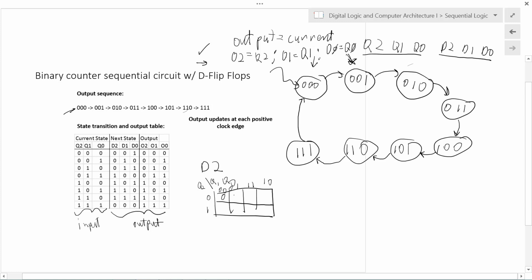So we have 0, 0, 0, 1, 1, 1, 1, 0 for D2. For D1, we have Q2 as input, Q1, Q0.